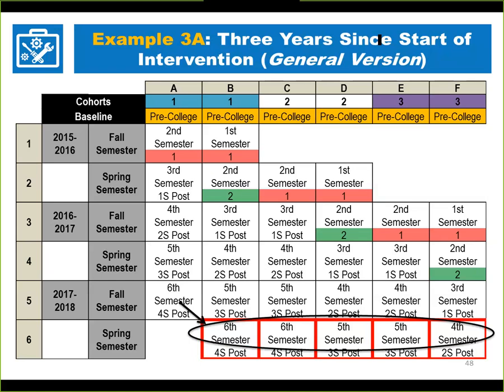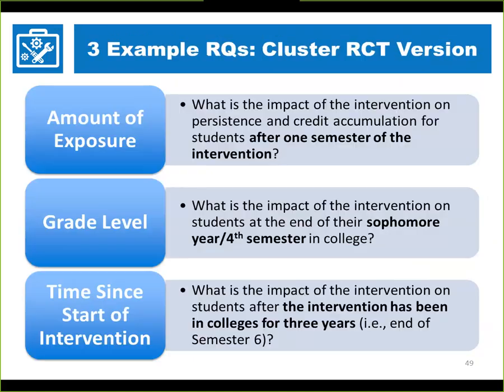Okay, now we can go through these same examples again, but this time using the cluster RCT version of the tool. So again, we can look at 3 different research questions.